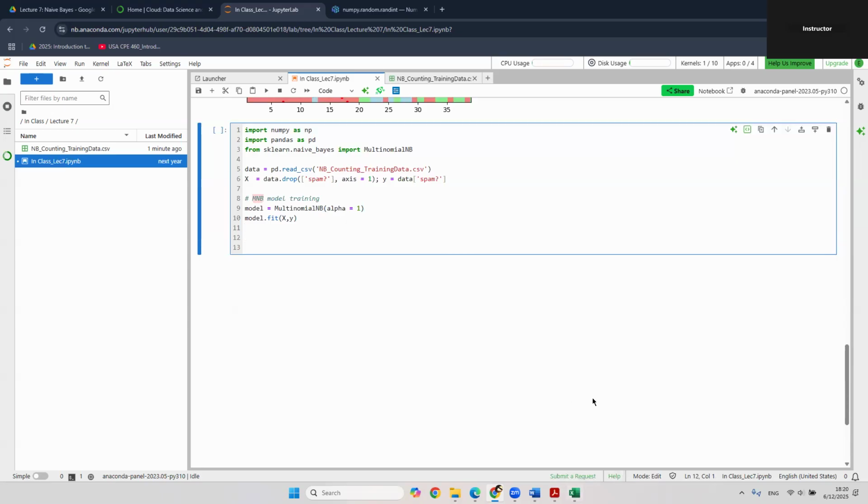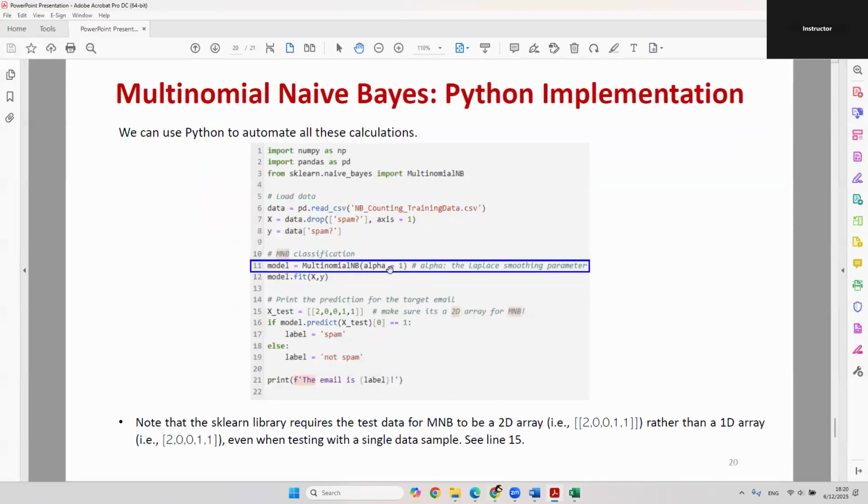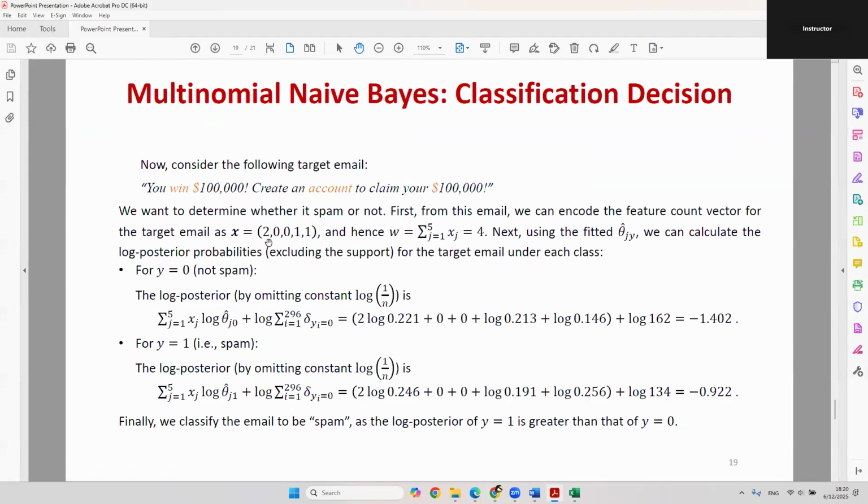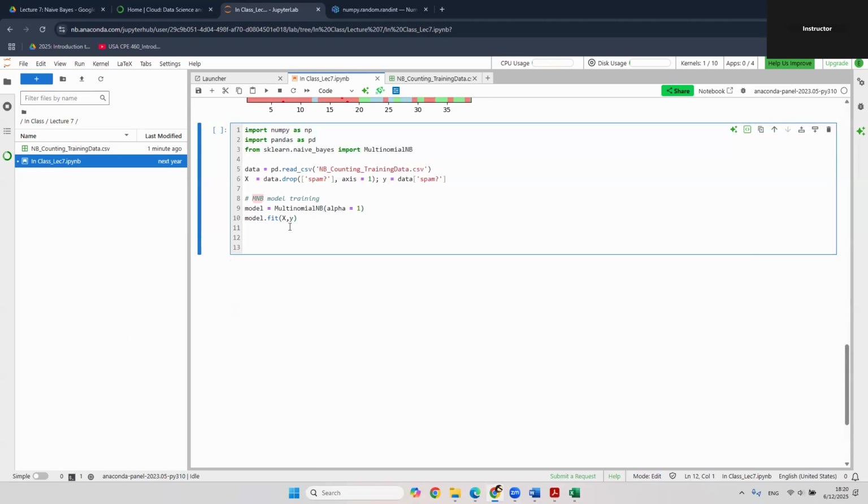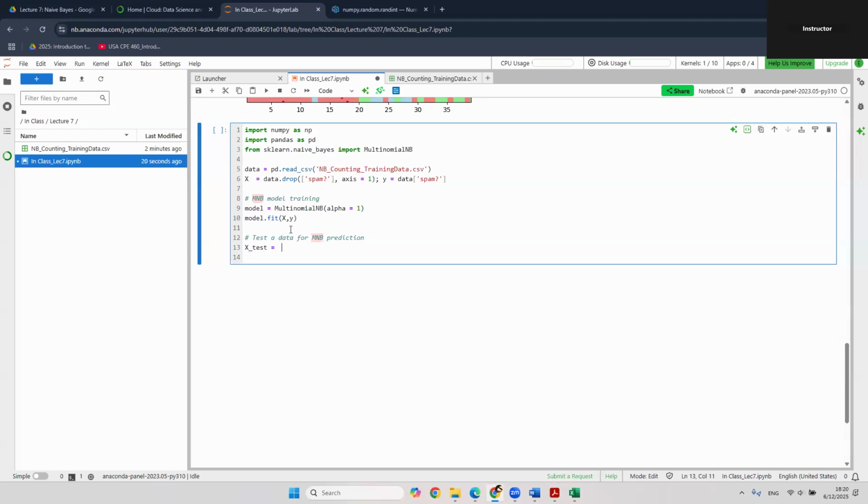So now we can, for example, test a data point. Let's test this data, which is 2, 0, 0, 1, 1. So I have X_test, and let me write a comment here: test data for NMB prediction. So X_test equals 2, 0, 0, 1, 1.